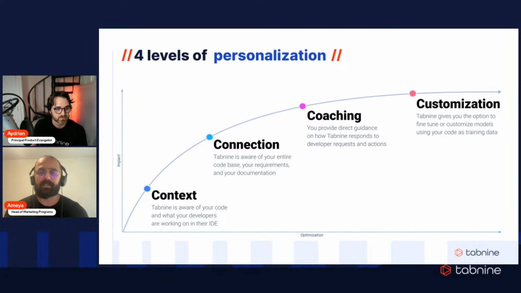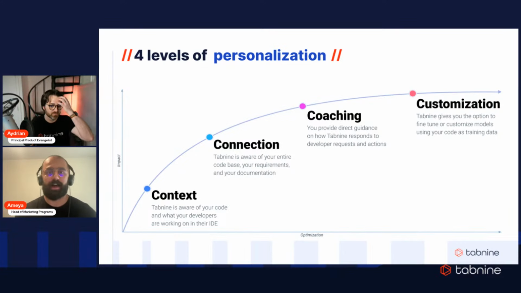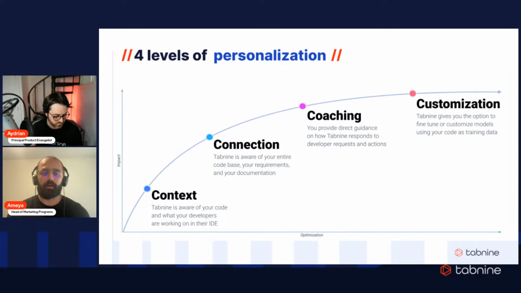Now, this level of personalization does require your organization to curate sufficient amounts of high quality training data. And typically, the best time when this is warranted is if you want Tabnine to know a domain specific language or knowledge that's private to your organization, or all your projects use internal libraries and infrastructure, and you have somewhere in the millions of lines of code following those libraries and infrastructure.